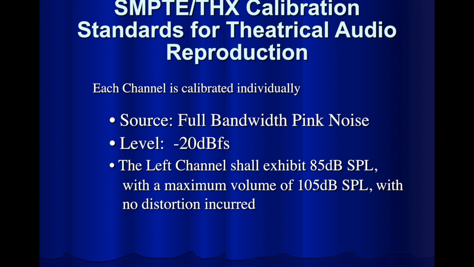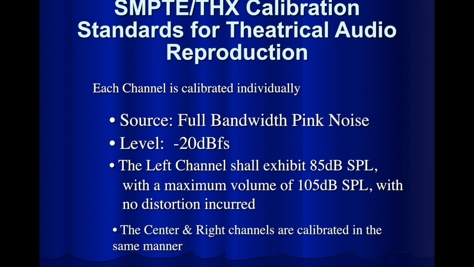Now you can always argue that there's going to be distortion in an electronic circuit, and that's true. But if it's going to be 0.01%, you're never going to hear it. So we're talking about audible distortion. Now, you turn that left channel off, and you then calibrate the center channel. You turn the center channel off, you calibrate the right channel.